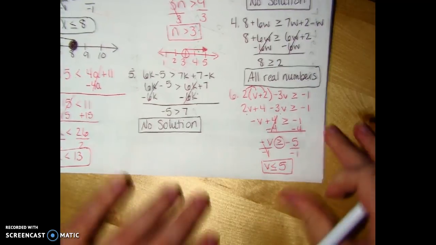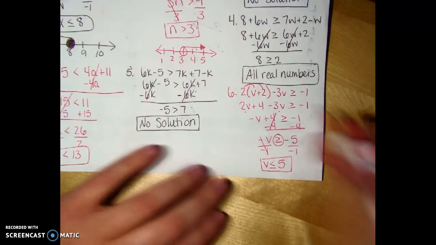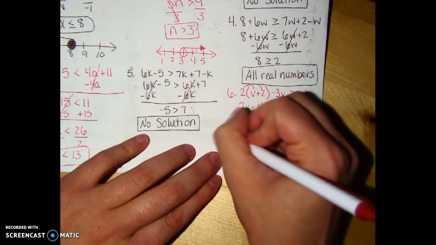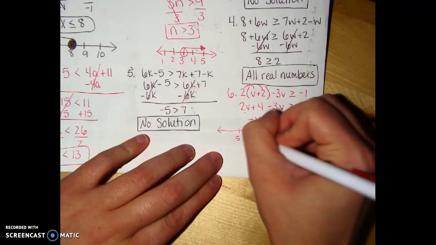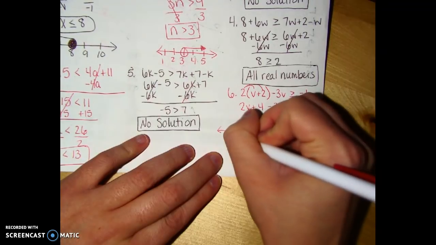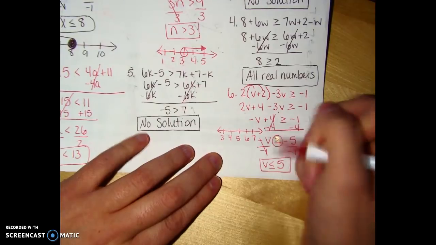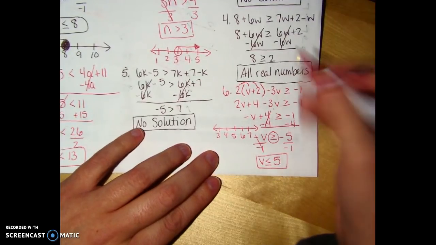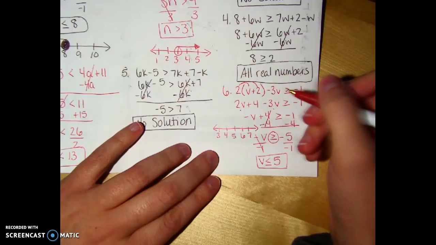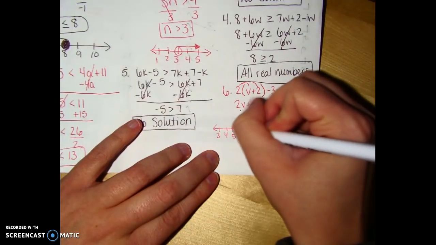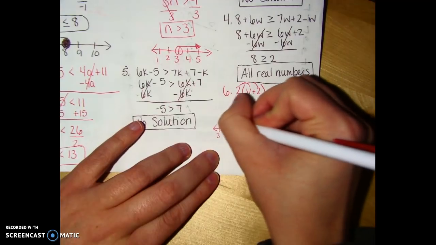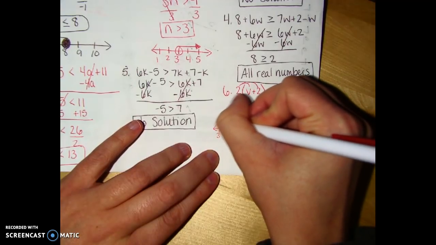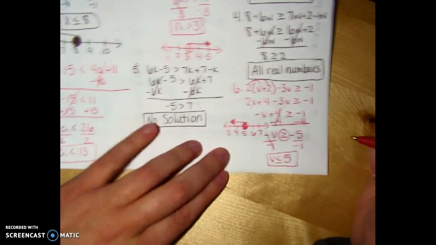So that one we got an answer, so we are going to need to do a little graph. So 5, 6, 7, 4, 3. Hopefully you save enough space on your own paper that you don't have to do tiny graphs like me. It's going to be a closed circle at 5, and then it's going towards the left. Okay, one more.